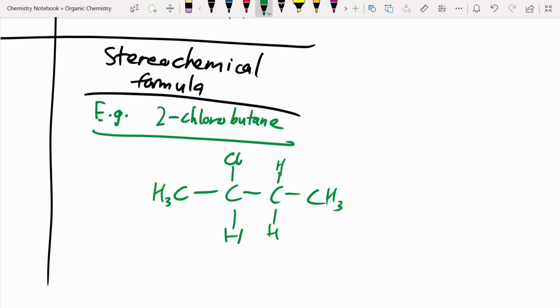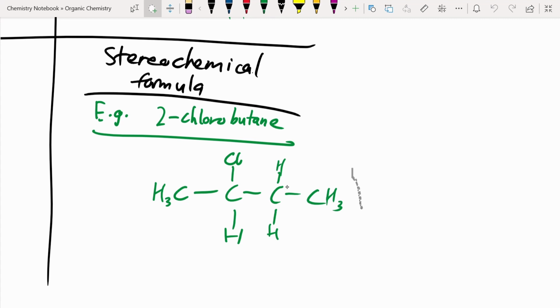For stereochemical formulas, usually you draw, for instance, enantiomers. For enantiomers, it's always about the chiral carbon, which is optically active and has non-superimposable mirror images.